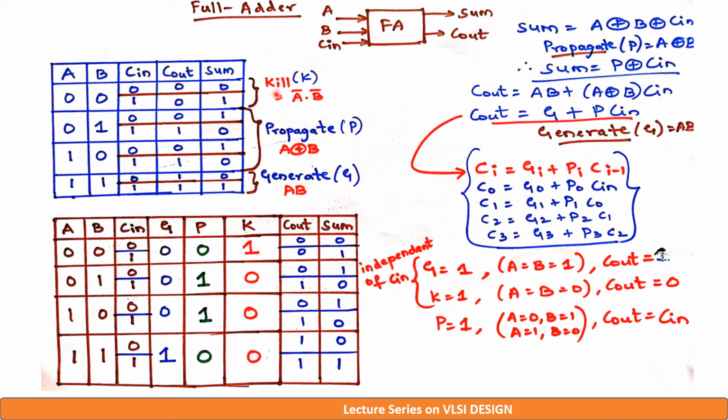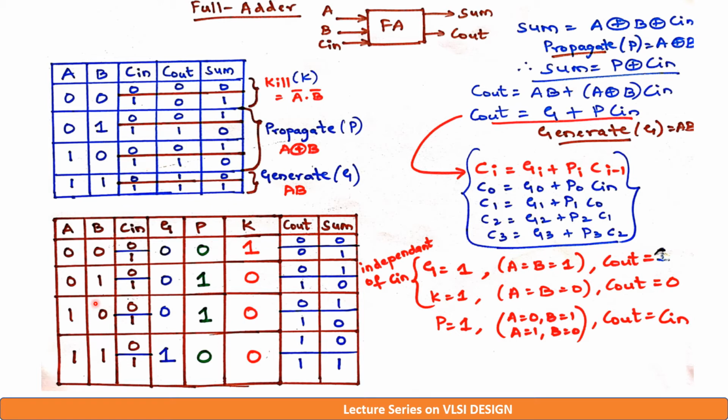It means carry is deleted or carry gets killed. When A is 0, B is 1, carry is propagated. A is 1, B is 0, carry gets propagated. You can observe Cout is equal to C in value. It means carry is propagated to output. When A is 1, B is 1, carry is generated. Therefore, Cout will be 1.